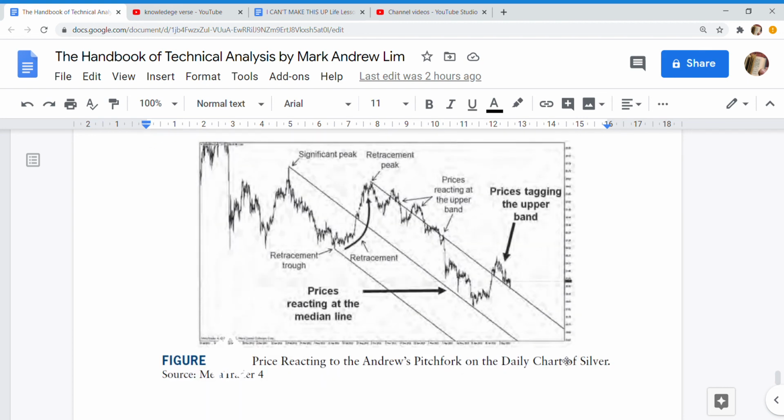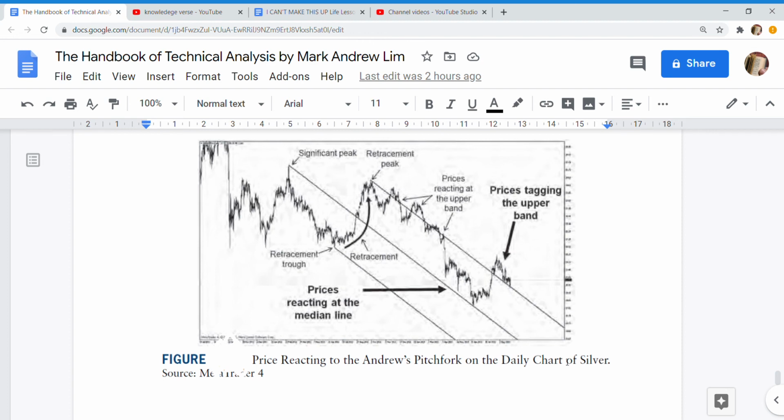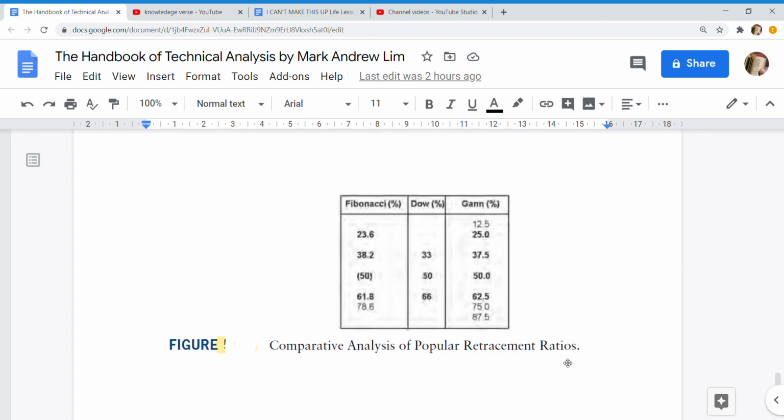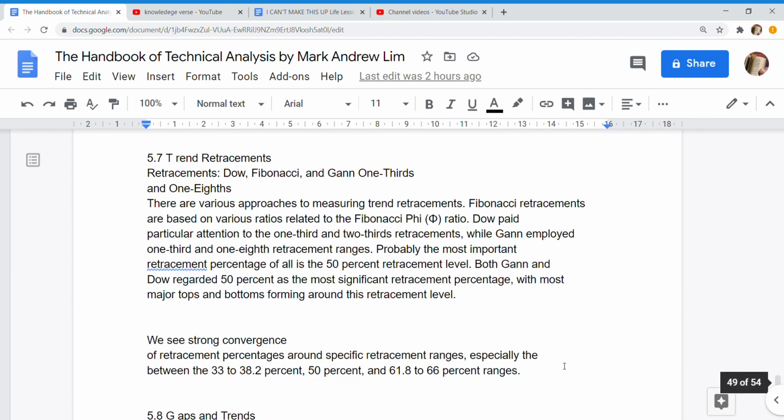5.70 Trend retracements. Retracements: Dow, Fibonacci, and Gann 1/3 and 1/8.